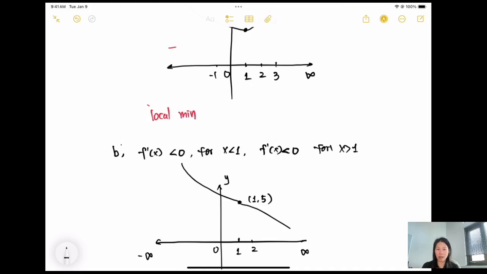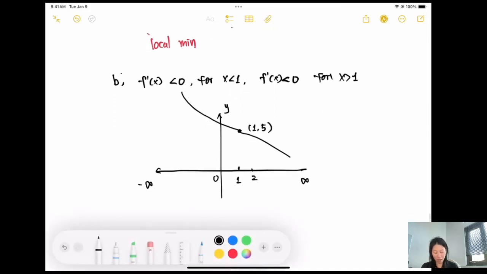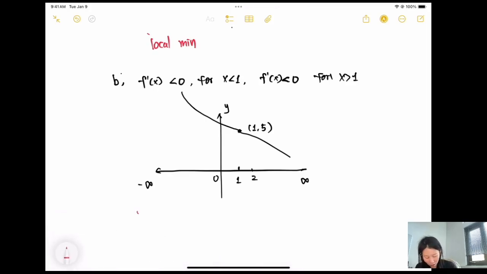So all we know is this is going down. So what do we know about this graph? We only know that this is going to be a decreasing graph, right?